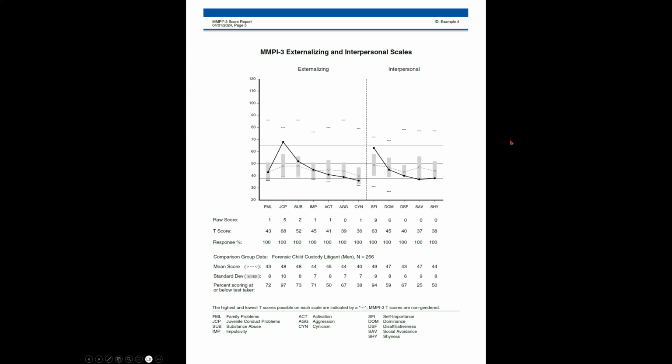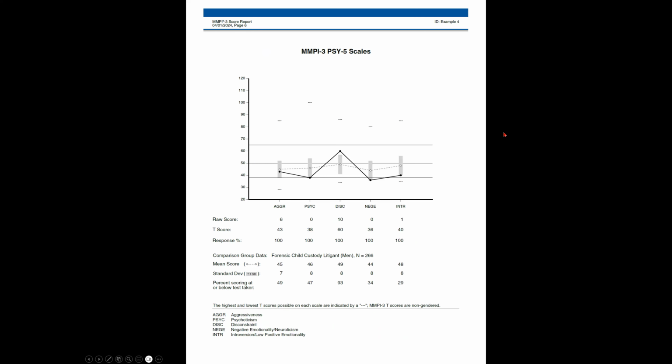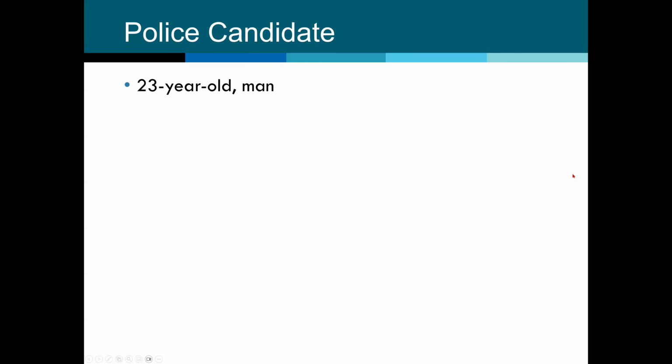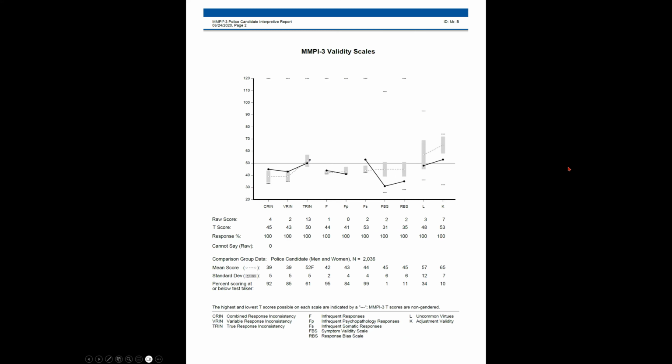Again, we're not indicating a diagnosis, but definitely some features that need to be looked at along with all the other information that's available to the assessor. And disconstraint, not clinically elevated, but substantially higher than we typically see in a male child custody litigant, at the 93rd percentile.